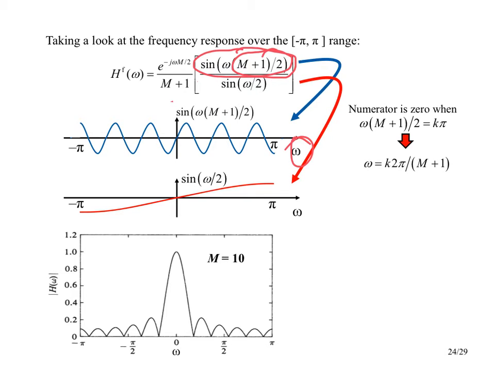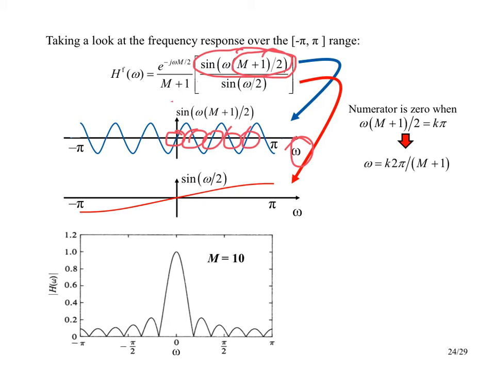I know it's weird, omega is frequency, but for the moment, just suspend that view and think of omega as x or some other variable. We now have a frequency in that variable, and that frequency will be set by m plus 1 over 2. But we also know where it will cross and take on the value of 0.